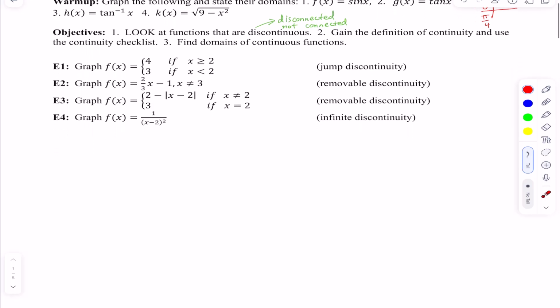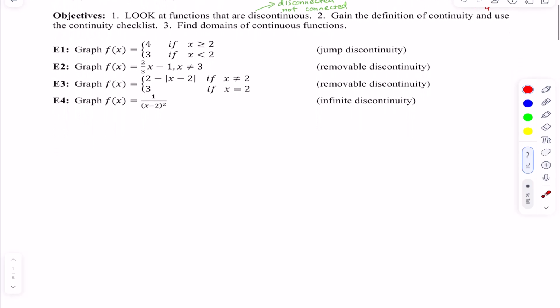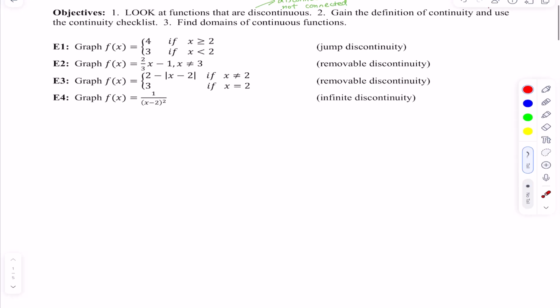Let's look at some examples. For example 1, we're just going to draw the piecewise function here. You'll notice my scale is actually not to scale, so I'm going to write NTS when I'm drawing things not to scale.